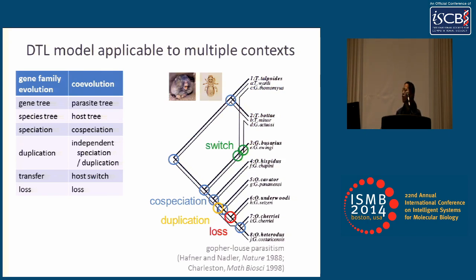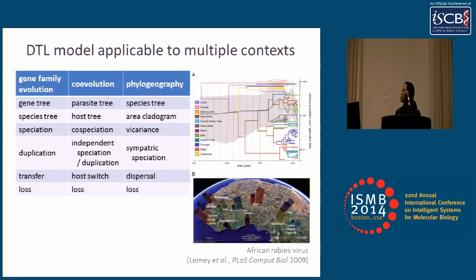And instead of looking at how the gene family evolves within the species tree, I'm looking at how the parasite, so the louse, evolves within the host, so the gopher species tree. And here, instead of speciation, duplication, transfer, loss, I have co-speciation, independent speciation, host switches, and losses. This DTL model actually turns out to be applicable also to the phylogeographic domain. So here we're considering how a species tree might map within the area cladogram.